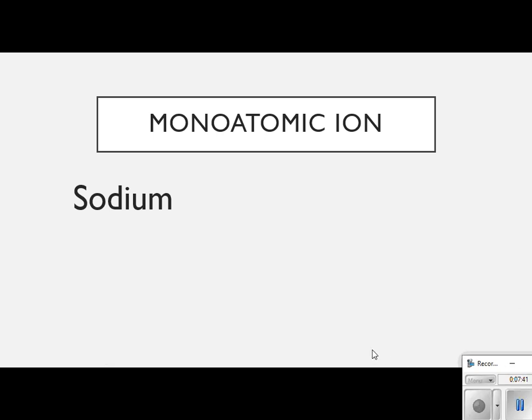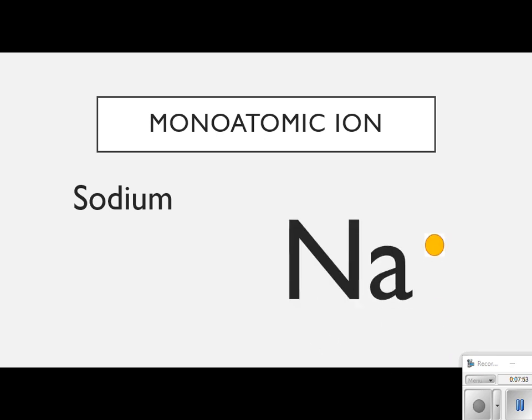Now, as we're looking at this, sodium. Here is my electron dot notation for sodium. As I look at sodium, and I know where sodium is on the periodic table, it's a group 1 alkali metal.